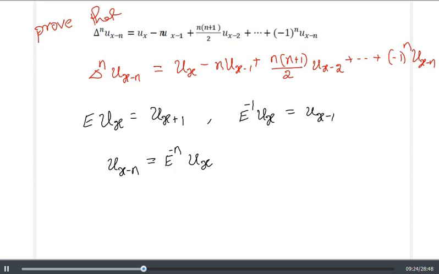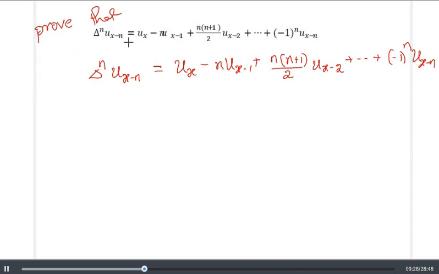Okay, so let us try to do this. First of all, let us observe what they are expecting here. So here u_(x-1), u_(x-2) and u_(x-n). It means they wanted us to expand this delta in terms of this shifting operator. I hope we know the relation between the delta and the shifting operator.